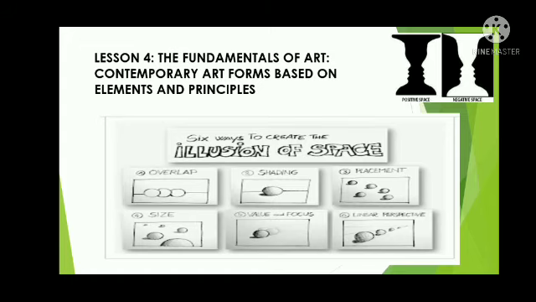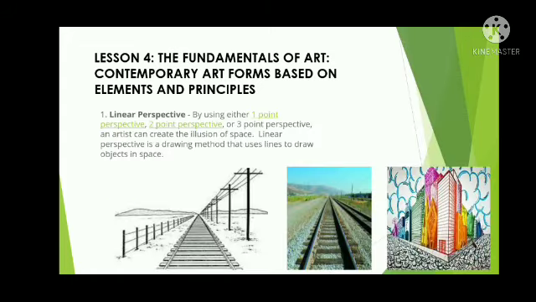So we have the first one, the linear perspective. In linear perspective, using either one-point perspective, as you can see in our first image and second image, two-point perspective, as you can see here in our third image, or even a three-point perspective, an artist can create the illusion of space.